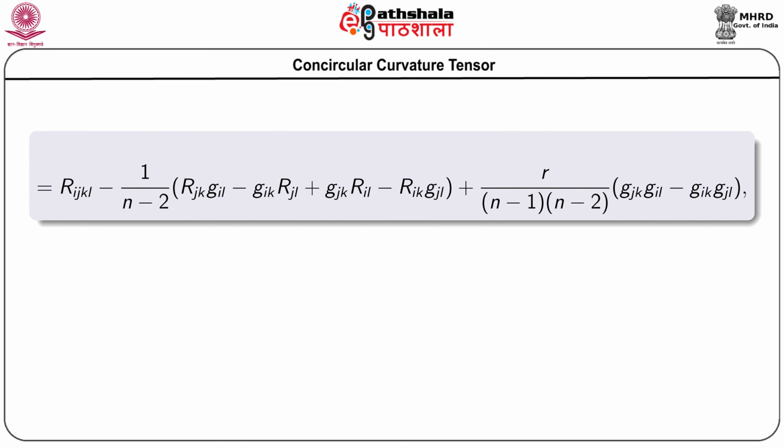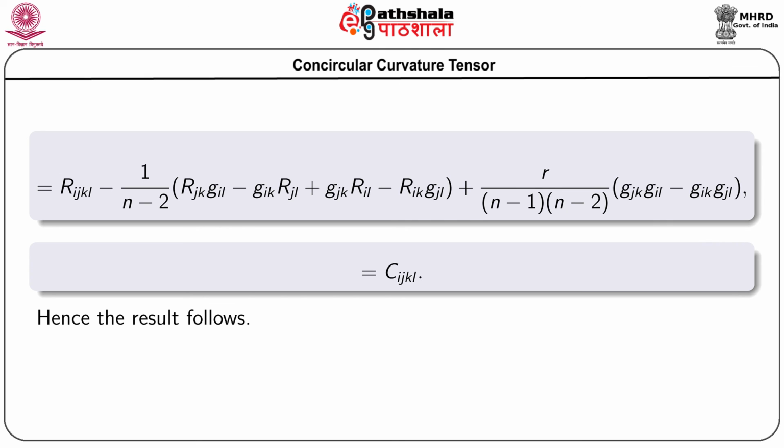And so, C_ijkl comes to this one. Actually, this expression is equal to C_ijkl. So, we have proved that C_ijkl can be expressed with H_ijkl and H_il. Hence, the result follows.